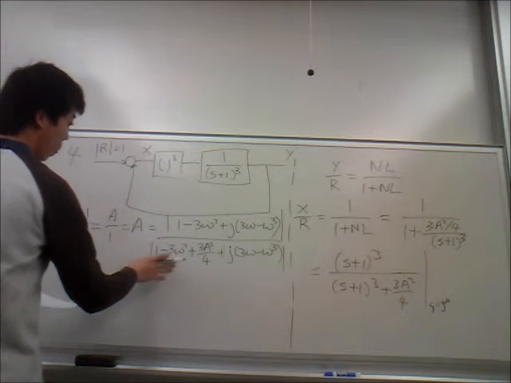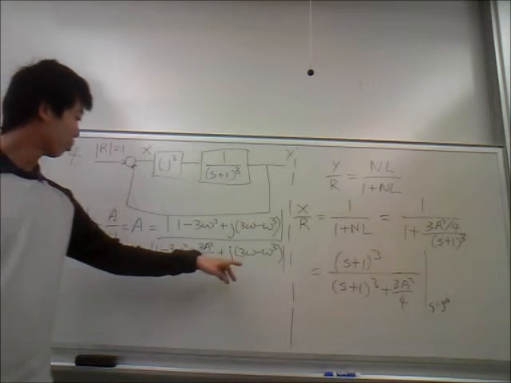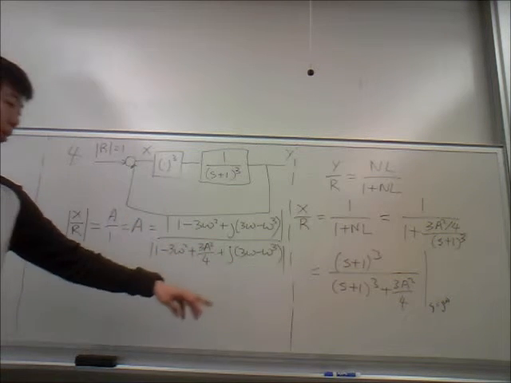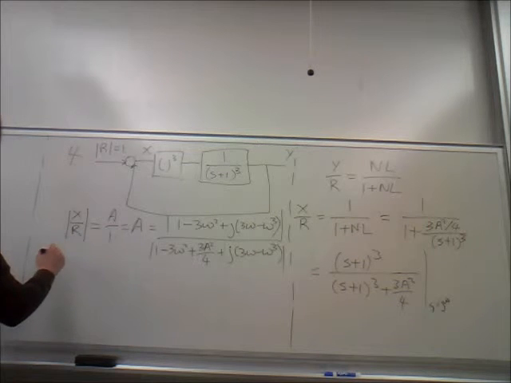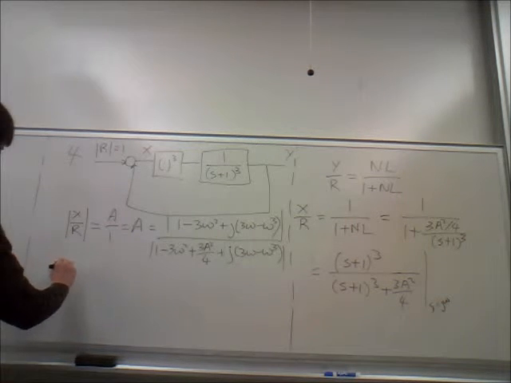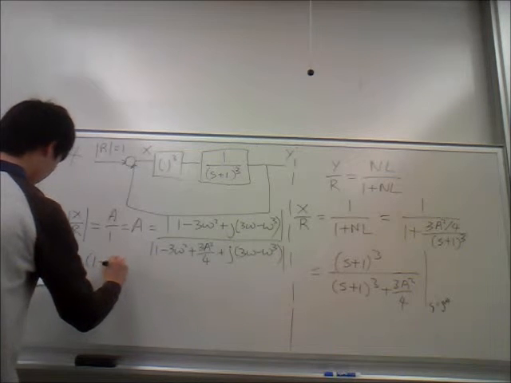And then from this, we could square everything and take out these complex numbers. So we can say a squared is just this expression.